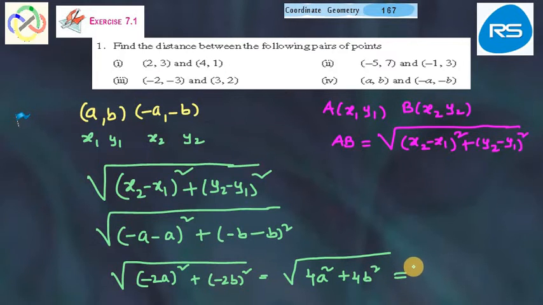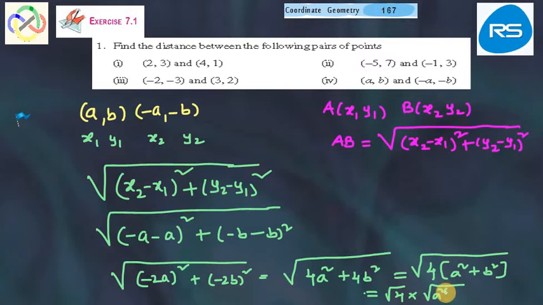Ultimately what you are getting is 4a square plus 4b square. If I take out 4 common, what remains is a square plus b square. Again I can write it as root 4 into root of a square plus b square.